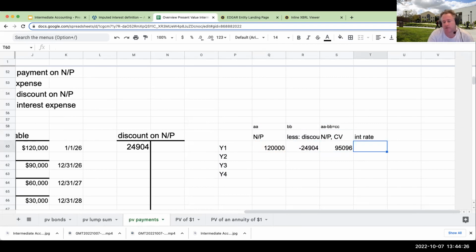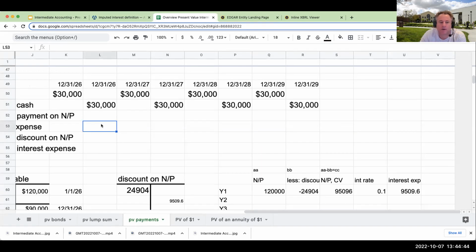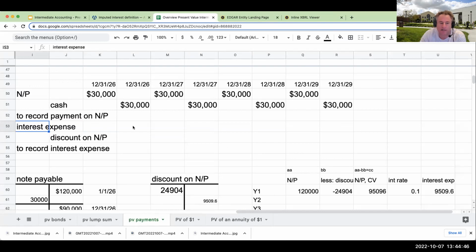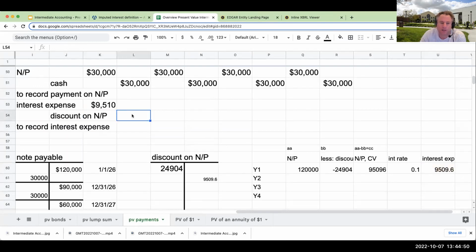My interest rate is always the interest rate I use to discount the note. So my interest expense is going to be $9,509.60. So over here, I credit discount on note payable, and I debit interest expense.